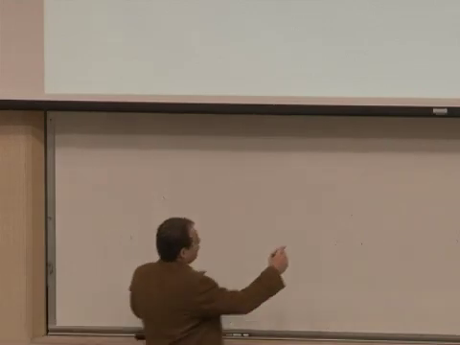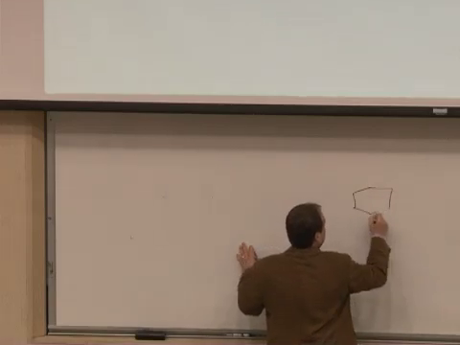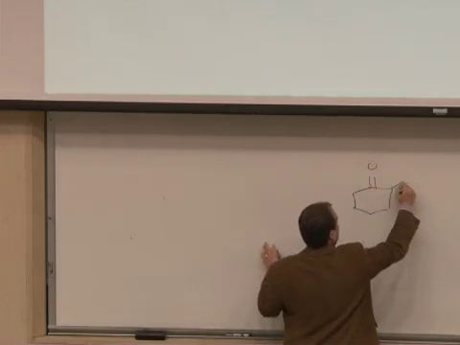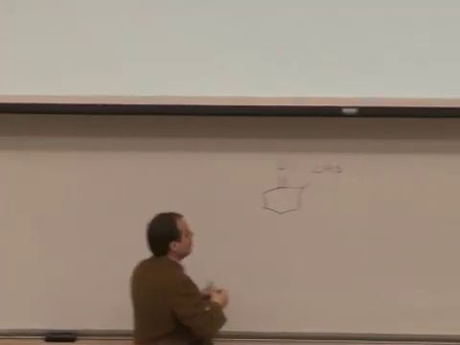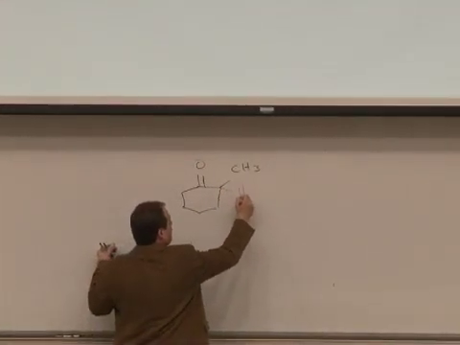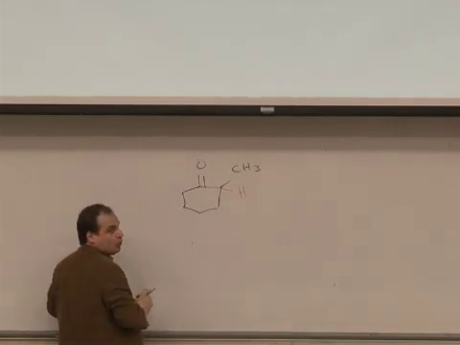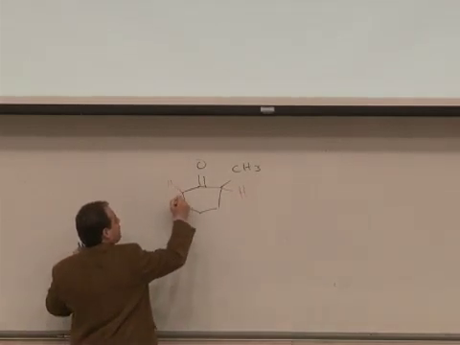So if I have 2-methylcyclohexanone, I have two different alpha hydrogens. This is one, and I have these two hydrogens to be equivalent.